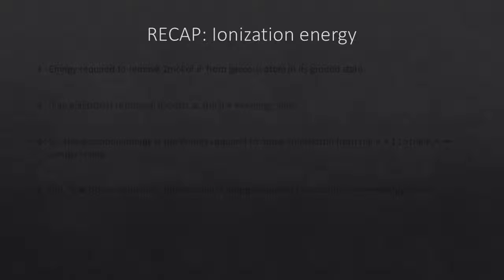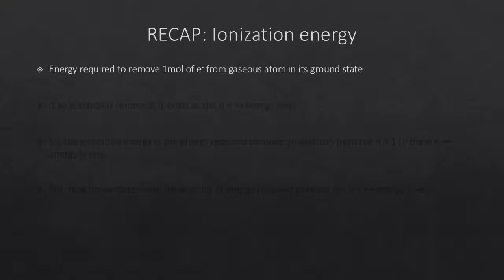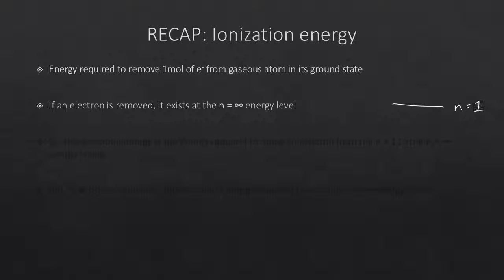And we've got a little bit more recap, based on the ionisation stuff that we were looking at in periodicity. Remember, it's the energy required to remove 1 mole of electrons from a gaseous atom in its ground state. So my electrons are sitting on the lowest energy levels that they can sit on, and I'm trying to remove one of those electrons. Back before, I said that when my electrons are in their ground state, it was n equals 1.